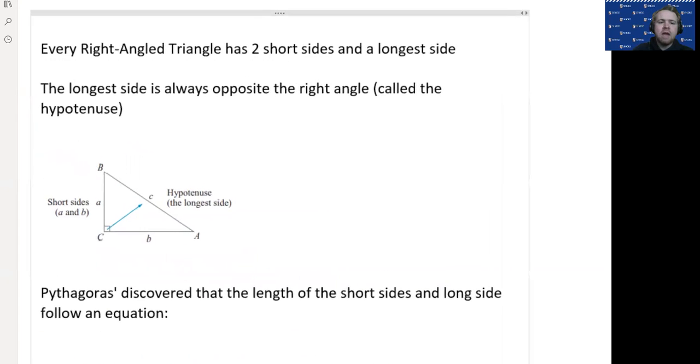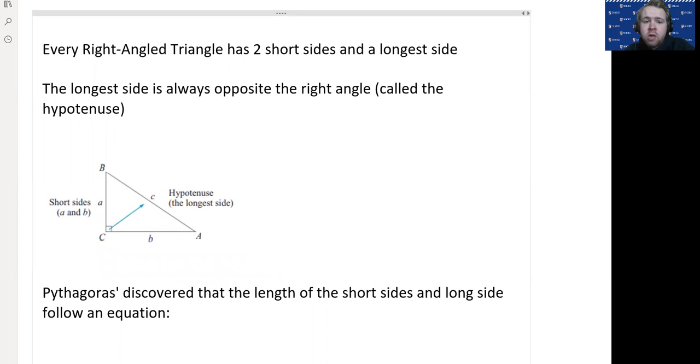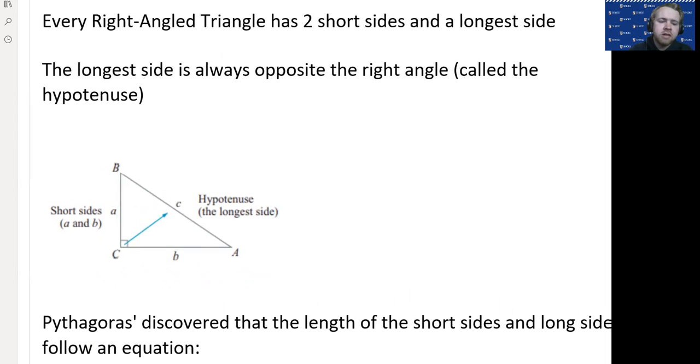Okay, so every right-angled triangle has two short sides and a longest side. That longest side is always opposite the right angle in the triangle, and we call it the hypotenuse. It's a bit of a strange word. Again, it has Greek roots, so a lot of our understanding of mathematics comes from ancient Greece. Here we have our diagram.